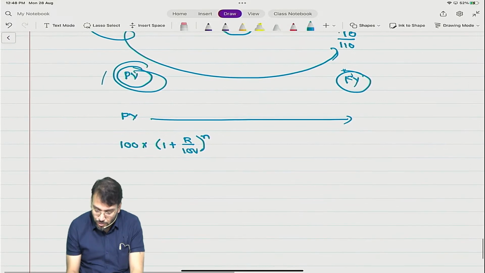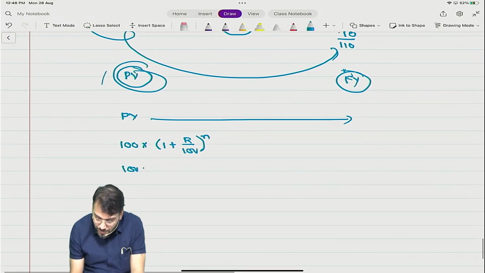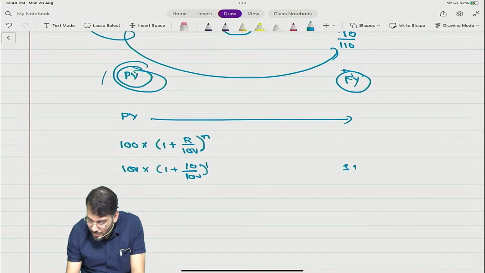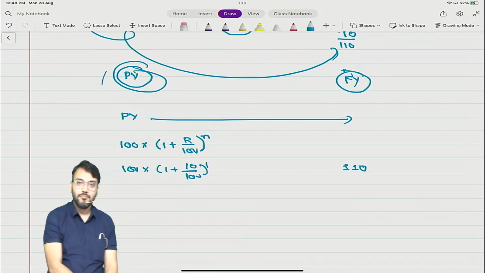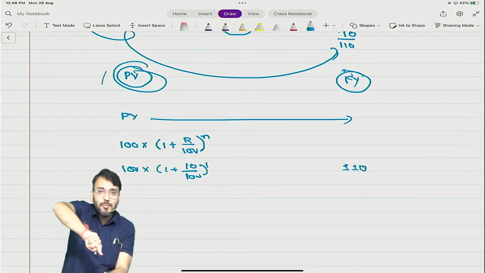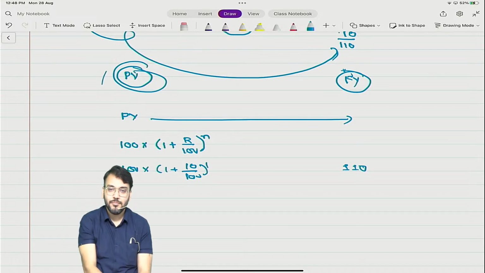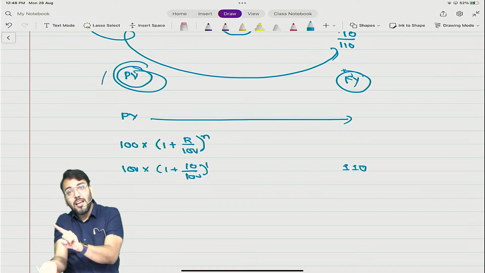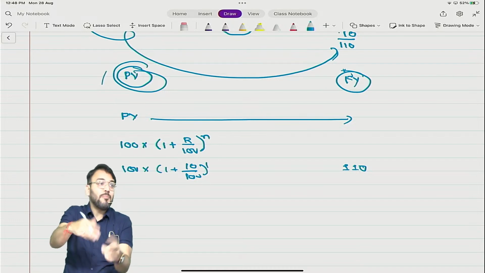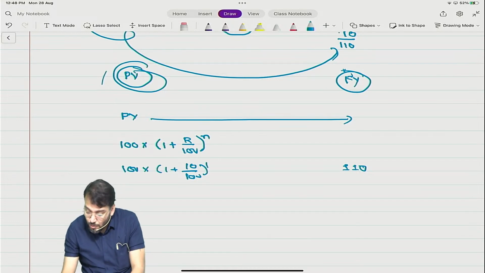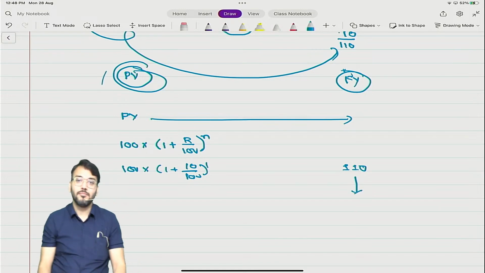Simple. So, what is the formula? 100 into 1, r was how much? 10 by 100. And the year was how much? 1. So that will become 110. Same formula. So present value can be converted into future value by applying this formula. Now future value can be converted into present value by applying some formula. Suppose now 110 is given.